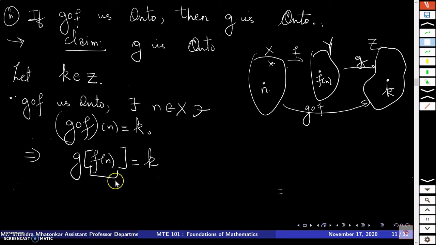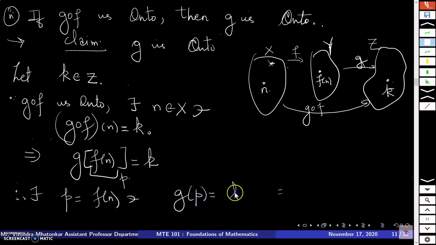You can give some name to this, let's say p. Therefore, there exists p equal to f of n such that g of p is equal to k, and that tells us that the function g is onto. So if g composite f is onto, then g will definitely be onto. I cannot say anything about f, so again I will leave that as an exercise.